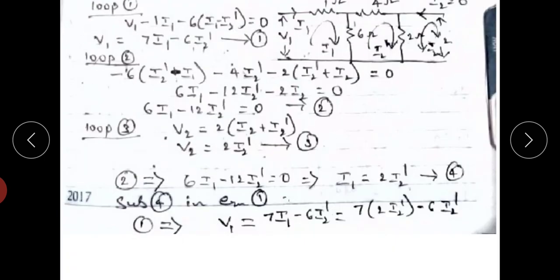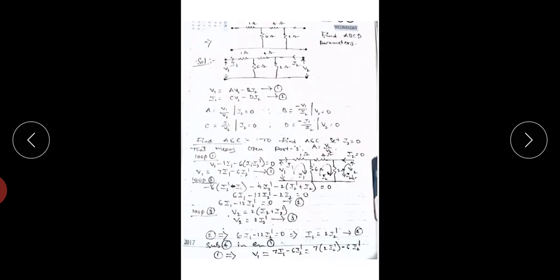So to find the A parameter we have to find V1 and V2 in terms of one common parameter. So substitute equation 4 in equation 1. Equation 1 becomes V1 equals 7 into I1 minus 6 into I2 dash. Since I1 equals 2 into I2 dash, it equals 7 into 2 into I2 dash minus 6 into I2 dash.